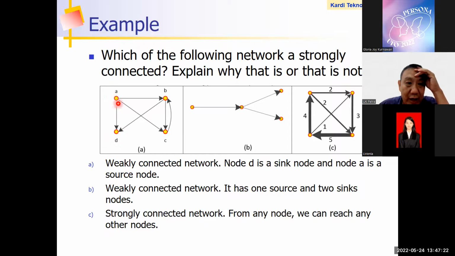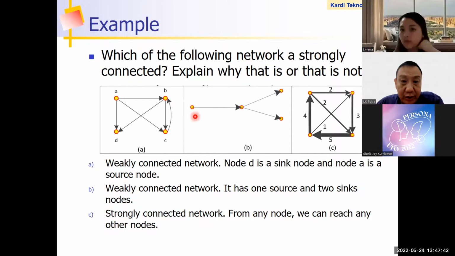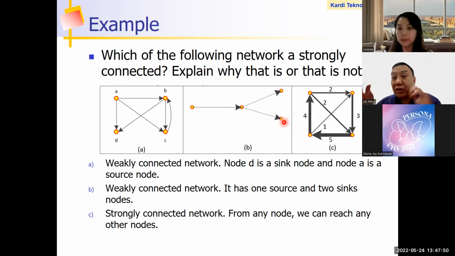The same thing with A. A is a source node. Why? Because you can go out from A but cannot go back to A. So a network with a sink and source is called a weakly connected network. The same thing here. This is the source and this is the sink, like the network of Leafy a while ago in your project, S and T, the source and the sink.